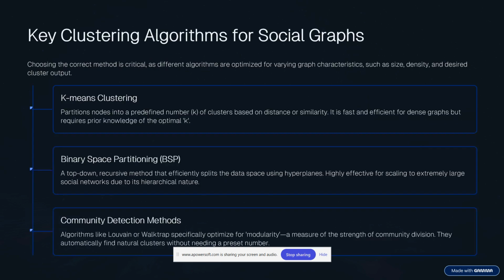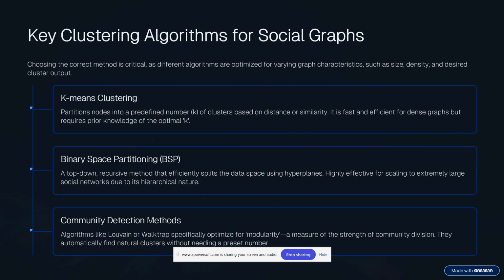Key clustering algorithms for social graph. Choosing the correct method is critical as different algorithms are optimized for varying graph characteristics such as size, density, and desired cluster output. K means clustering partitions nodes into a predefined number k of clusters based on the distance or similarity.